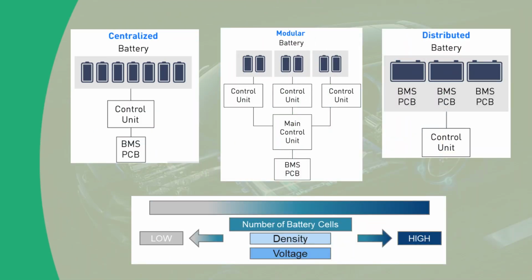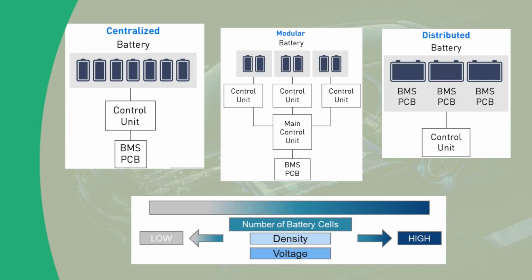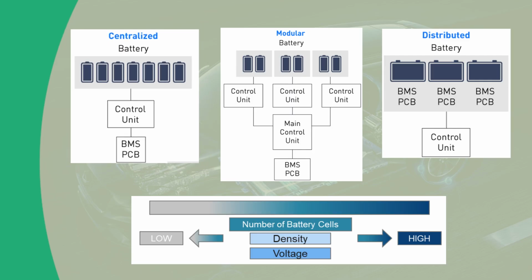As you can see in this slide, the different structures of the BMS are defined here. In the top left diagram is the centralized battery system. In the centralized battery system, only one control unit controls the whole battery pack.